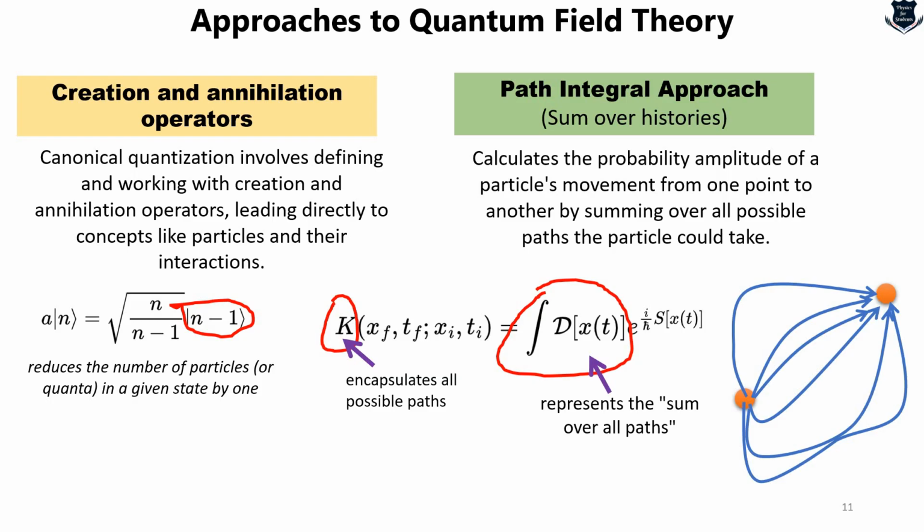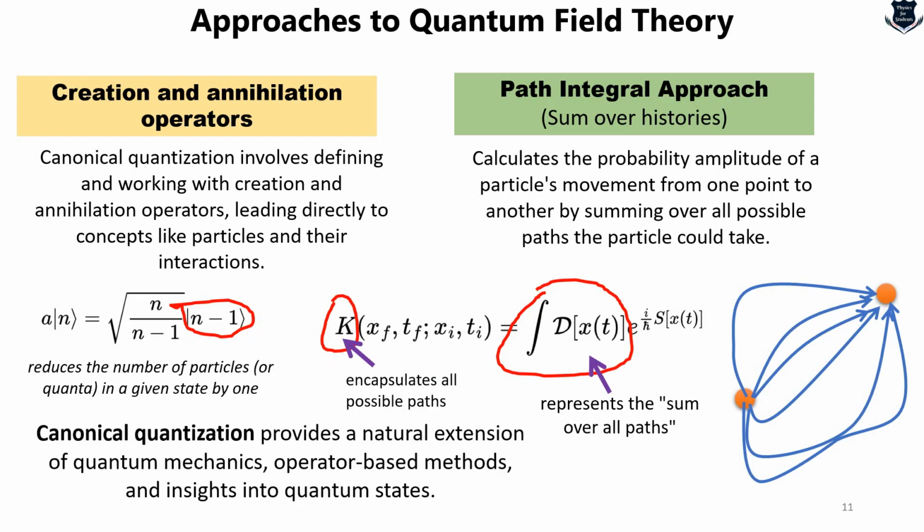The integration over dx represents that it is summing over all the paths, and the propagator encapsulates all the possible paths. So from here, we can understand that canonical quantization provides a natural extension of quantum mechanics, operator-based methods, and insights into quantum states. The path integral approach is a little bit abstract, but it takes over all the different paths.